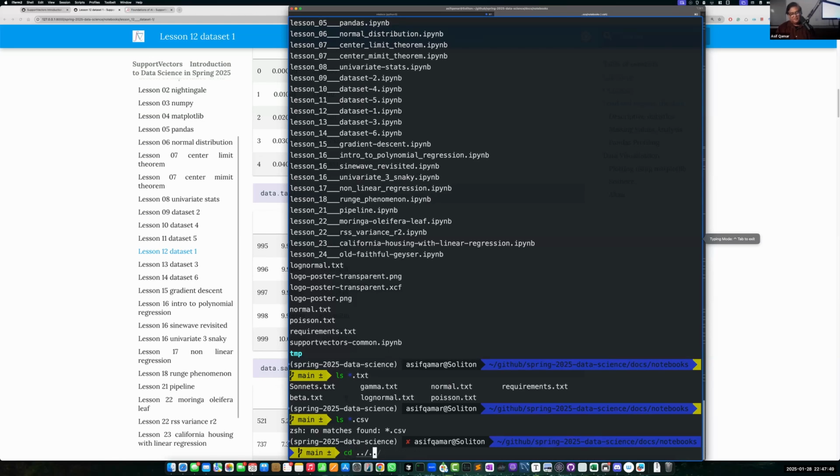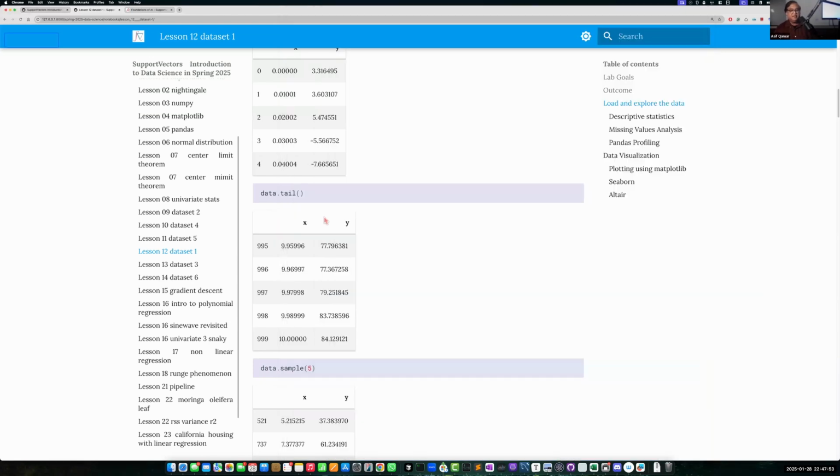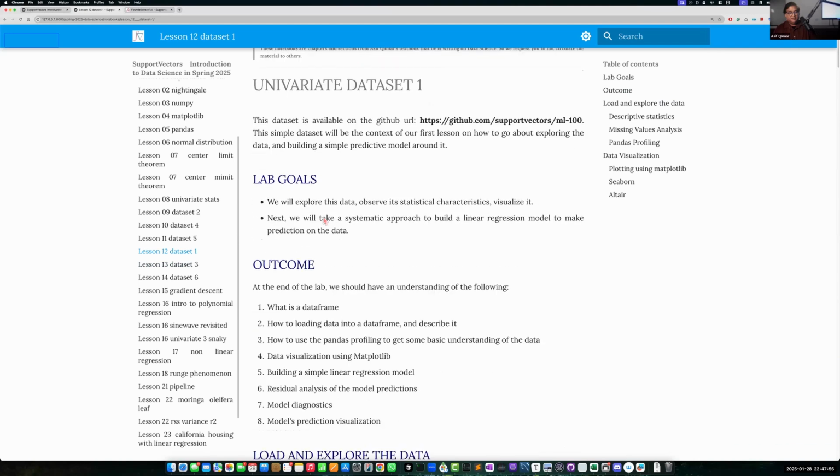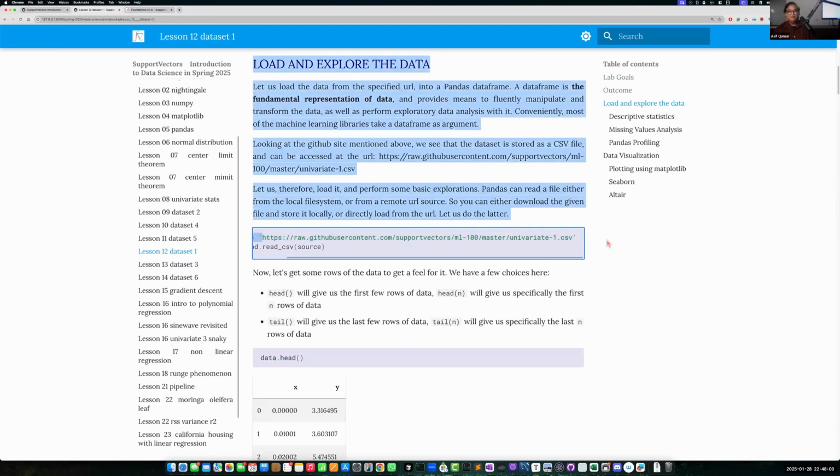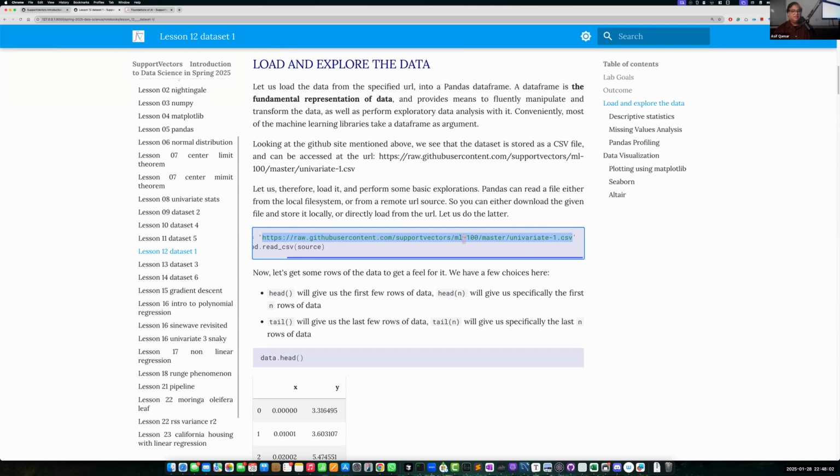Sometimes if it is reading the data, it will tell you where it is reading from. Let's look at this. It's reading the data literally from this URL. We have taken a lot of the data and made it public, so it just picks up the public data directly.